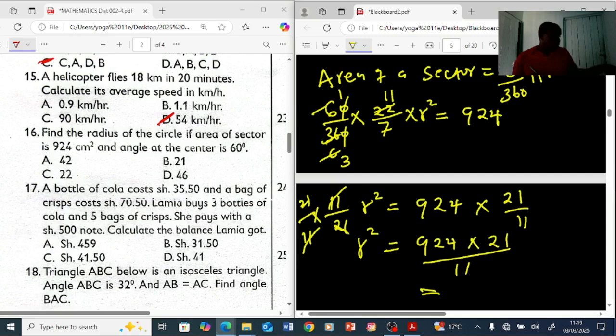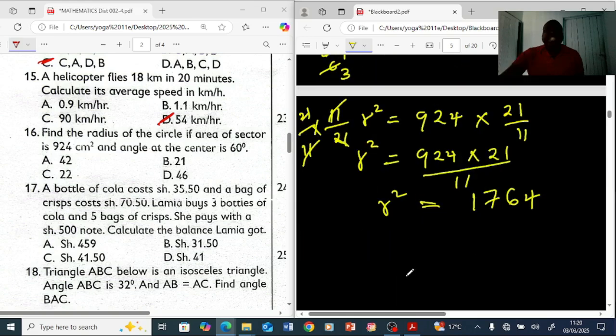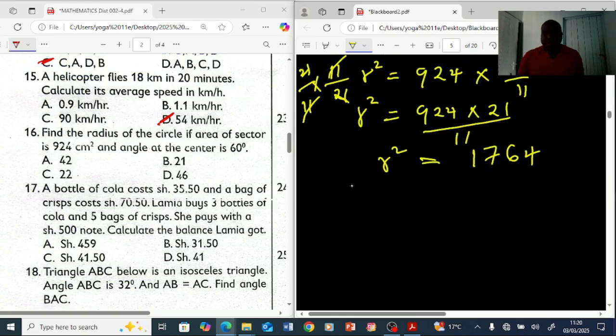You can use your calculator if you have. You get the answer to be 1764, and that is R squared. But remember, we need R and not R squared. So R is equal to the square root of 1764.